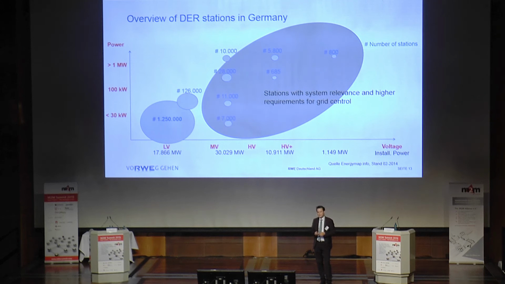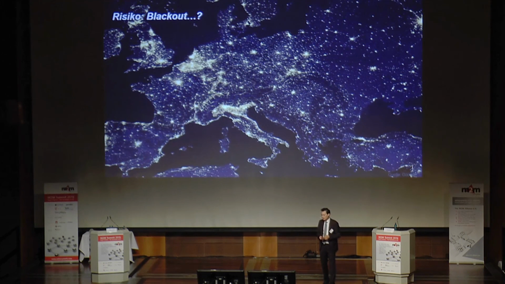Then you have to say 17 gigawatts is quite a lot. Every switch you do in the energy grid that exceeds the 3 gigawatt threshold leads to a blackout. And that is a risk we are addressing.